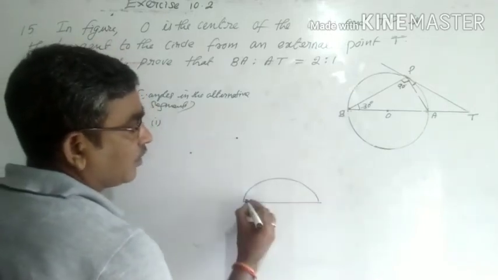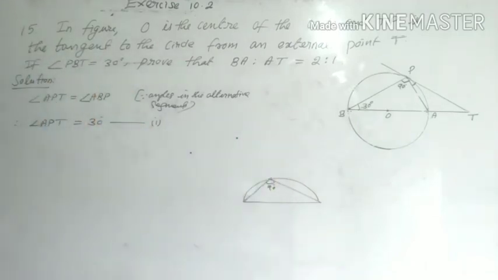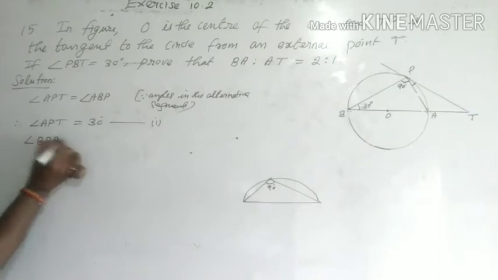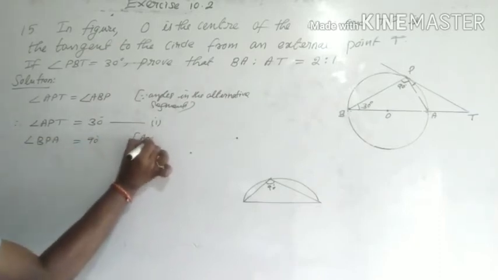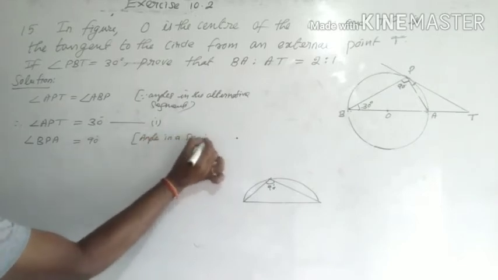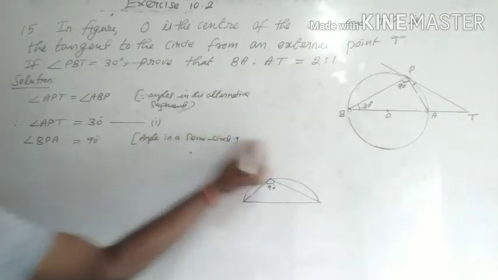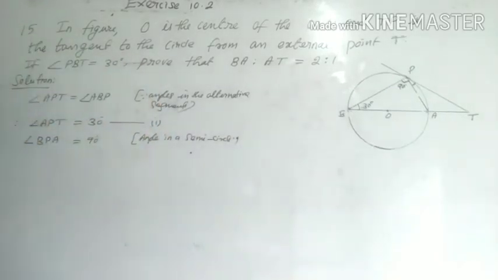Any semicircle, whatever the angle comes in the semicircle must be 90 degree. You learned in class 9. So second point, angle BPA equal to 90 degree. The reason is that angle in a semicircle, because AB is a diameter, so it must be a semicircle. Angle in semicircle has become 90 degree.